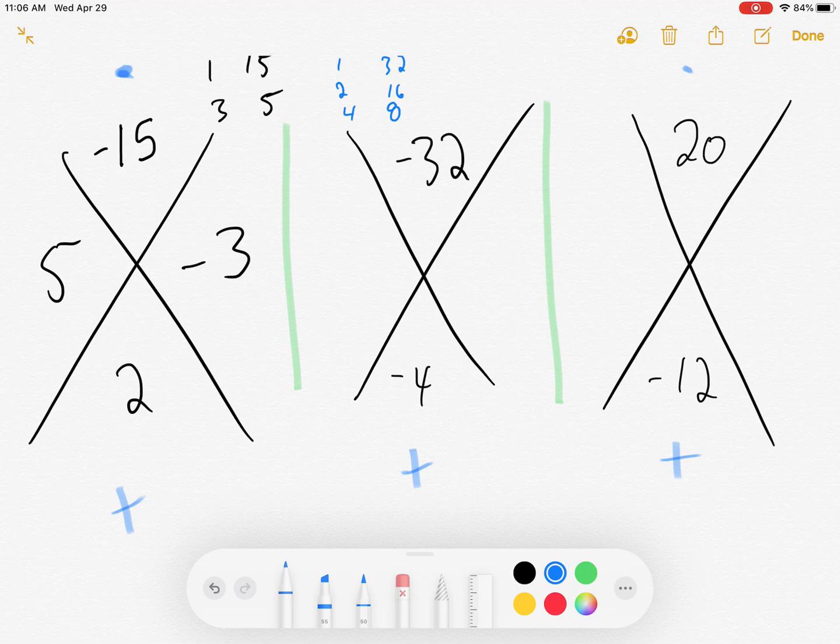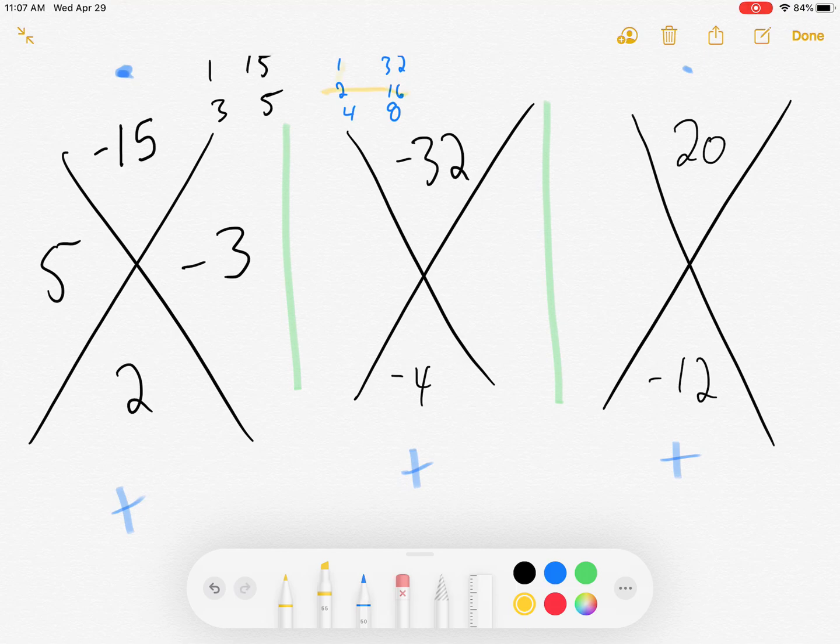But again, it needs to multiply to negative 32. So one of the numbers has to be negative and one has to be positive. Can you make 4 out of 1 and 32? 1 plus 32 is 33. 1 minus 32 is negative 31. So no, I'm not even close there.